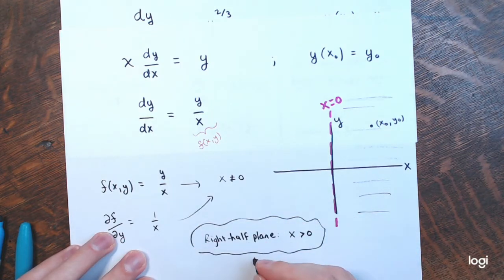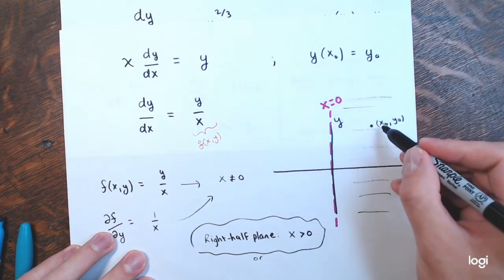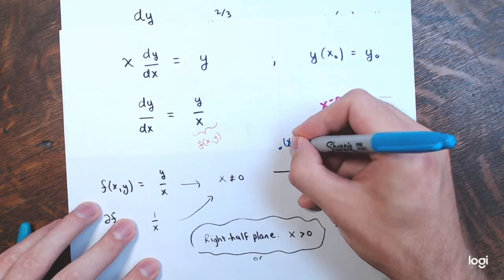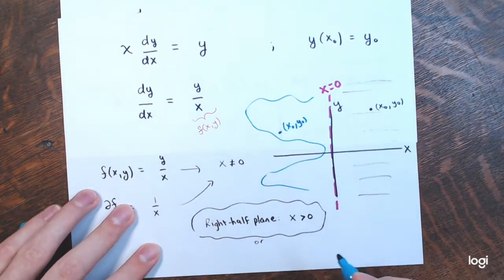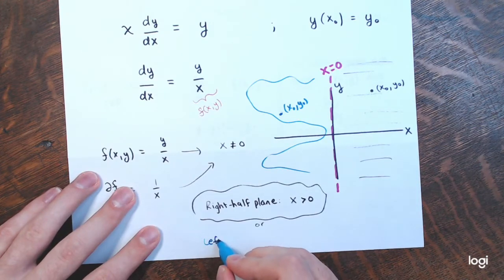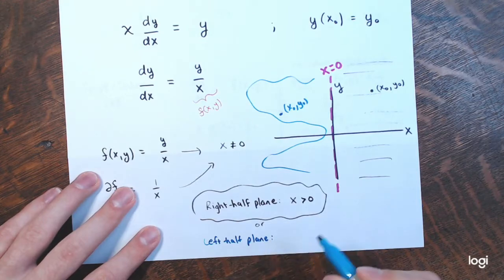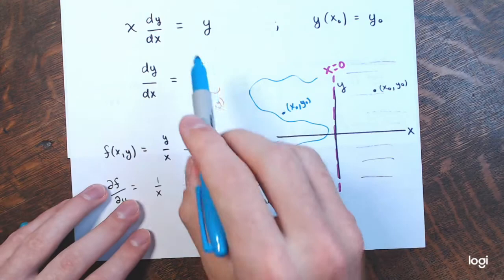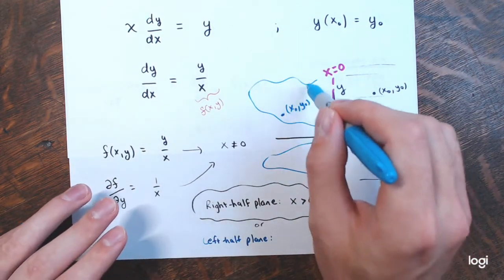That's only if the point from the initial condition is over here. But if the point from the initial condition is over here, then I would use the left half of the plane, where x is less than 0. And this theorem would guarantee that this initial value problem would have a unique solution over here that passes through that point.